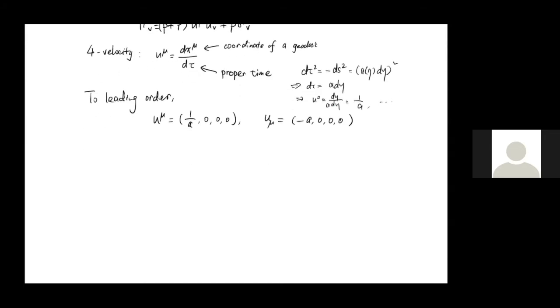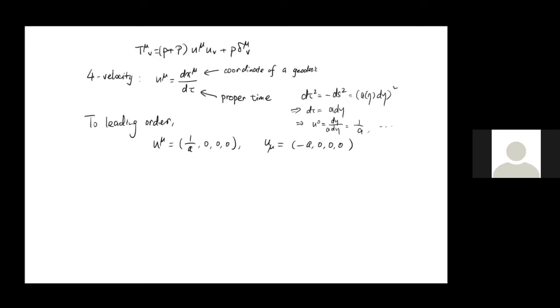If you want to go to the next to leading order, you have to be careful because now this d tau squared has changed because of the perturbed metric. It's 1 plus 2 phi. So d tau is a times 1 plus 2 phi to the 1/2 of d eta, which is approximately 1 plus phi in total.